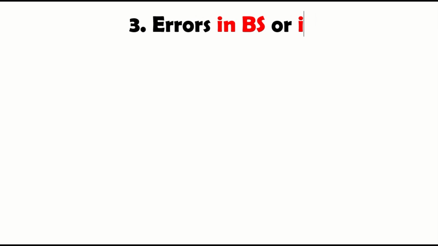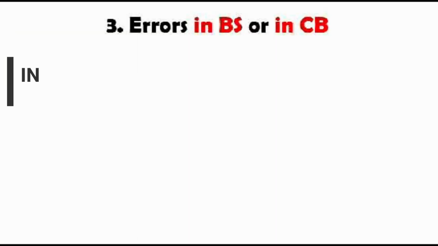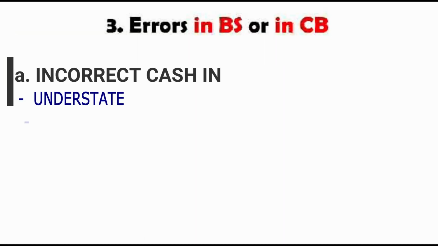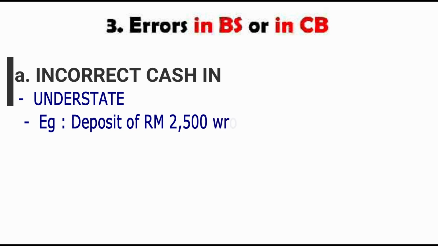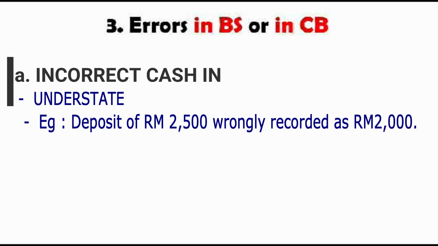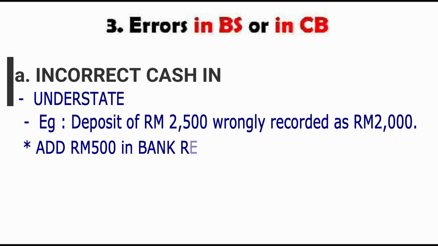Okay, let's take a look. Reason number 3: errors in bank statement or cash book. Cash in understated. For example, a deposit of 2,500 ringgit wrongly recorded as 2,000 ringgit. So, you need to add 500 ringgit in bank reconciliation.